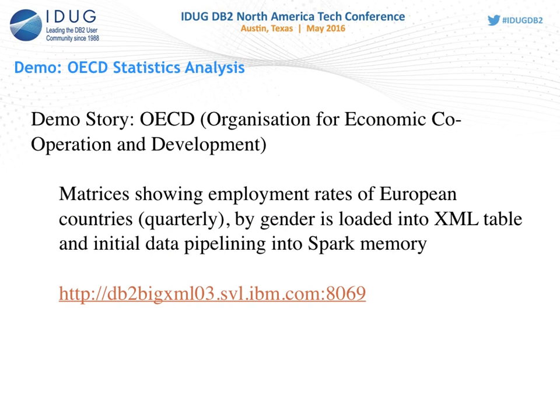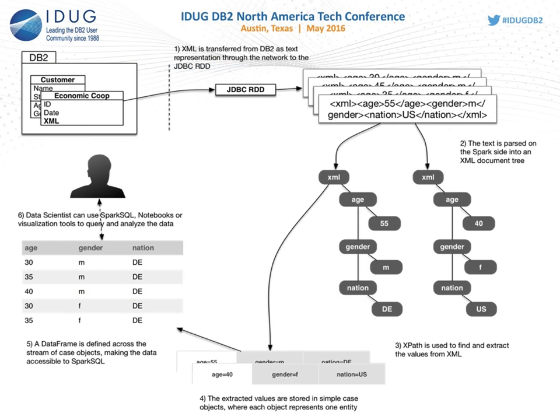Initially we have the table in DB2, and this is what it looks like as an XML file. As you can see, it has age, gender, nation, and employment rate.